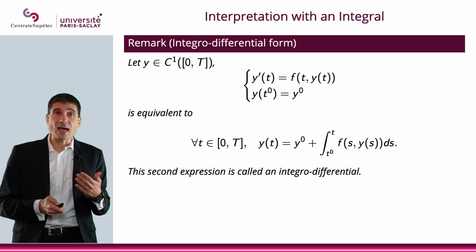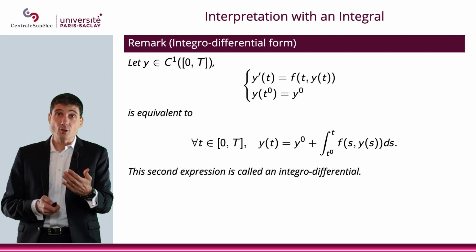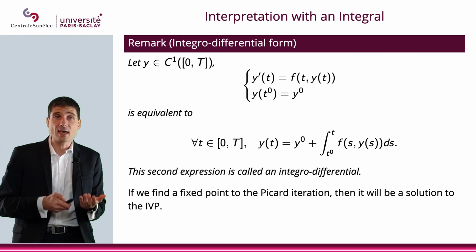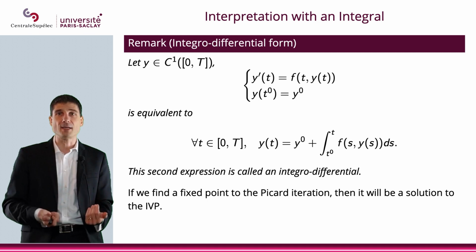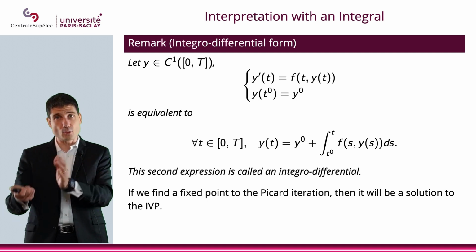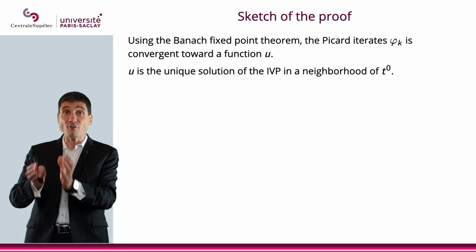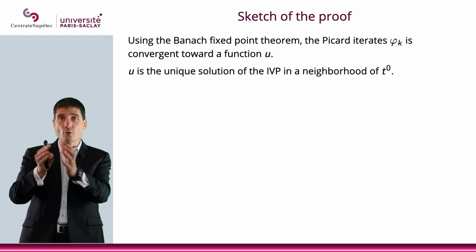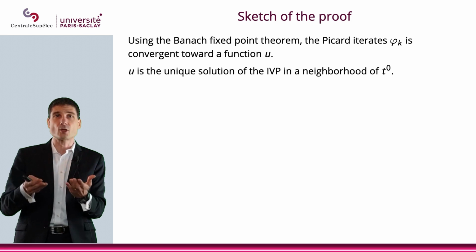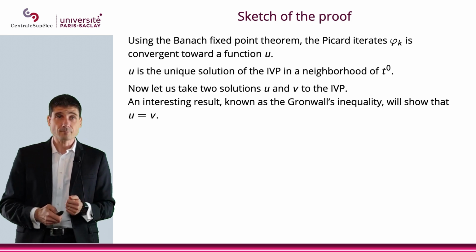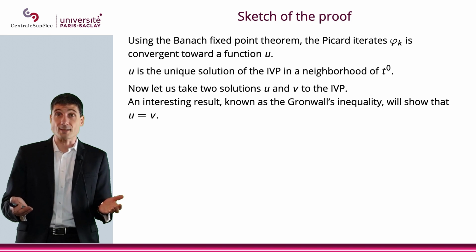Now, it means that if you have a fixed point to the Picard iteration, then you have a solution to the IVP. And again, during the CIP class, you proved that you had a fixed point. So that fixed point, let's call this u, will be the unique solution to the IVP in the neighborhood of t0. Well, that proves the existence.